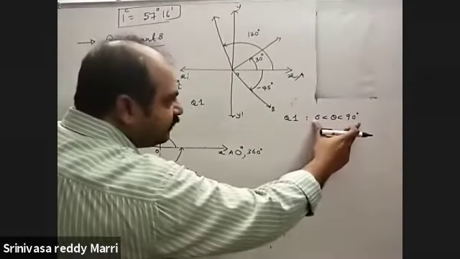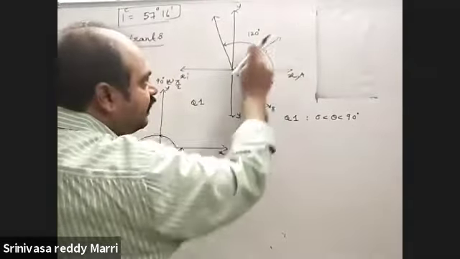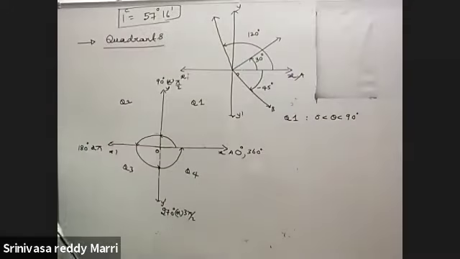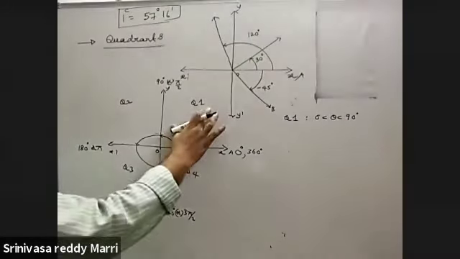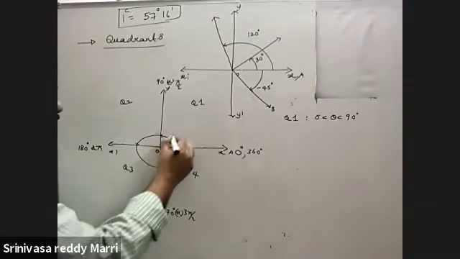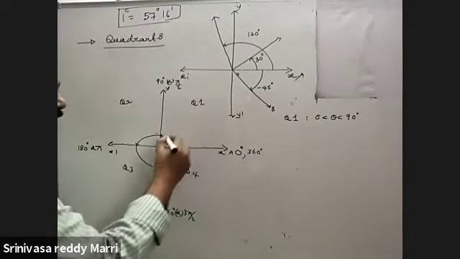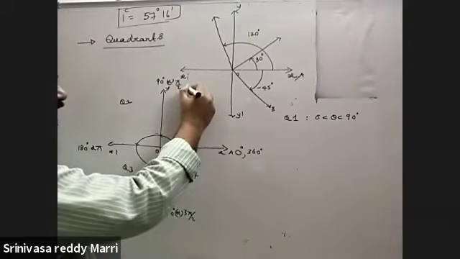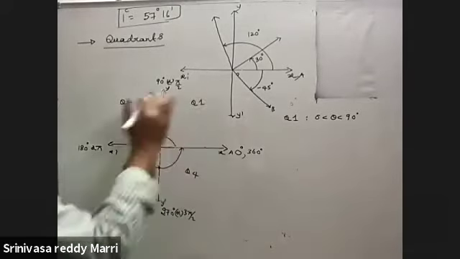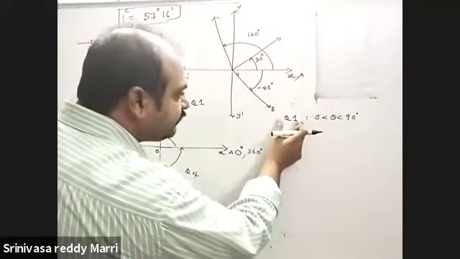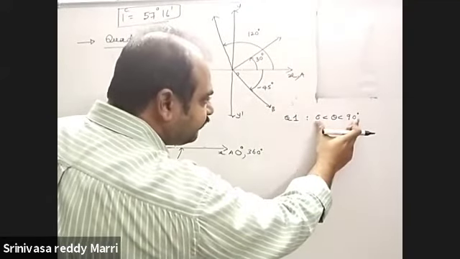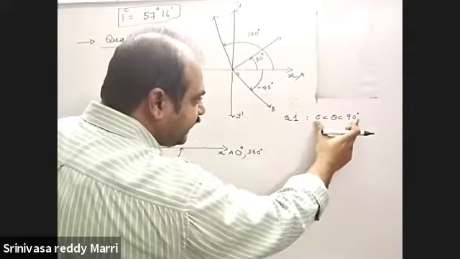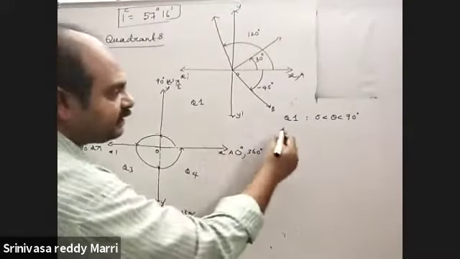Suppose 30 degree, if you want to draw it, the terminal ray will be in quadrant 1. For 45 degree, the terminal ray will be like this. For 60 degree, the terminal ray will be in quadrant 1. So for any angle from 0 to 90 degree, we draw the terminal ray in quadrant 1.